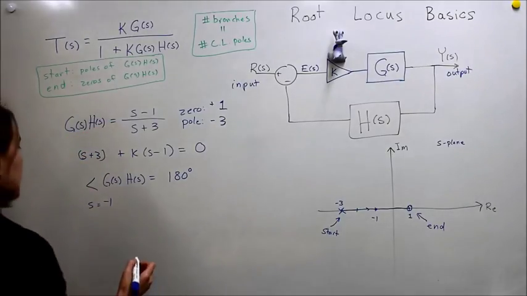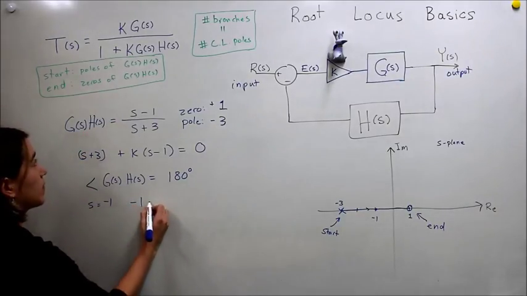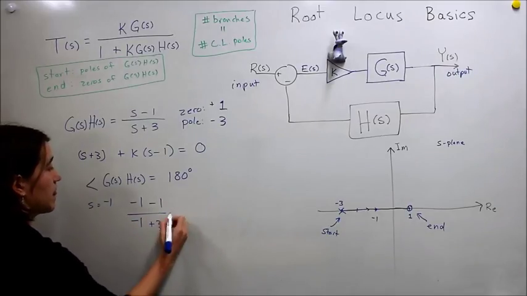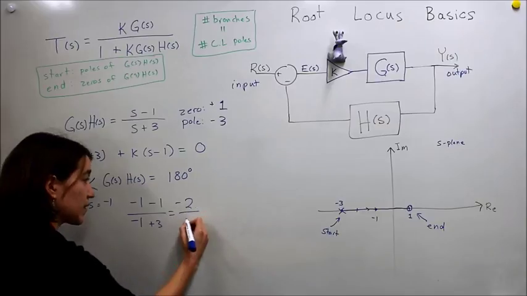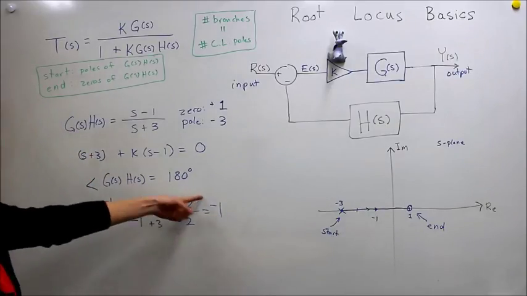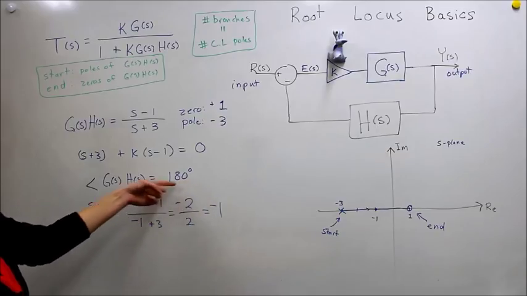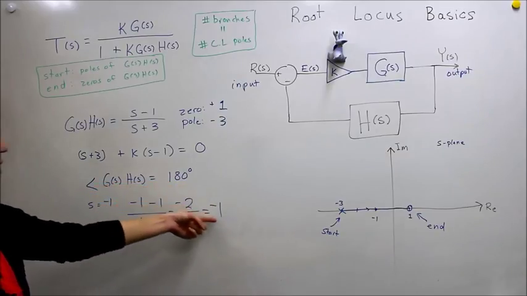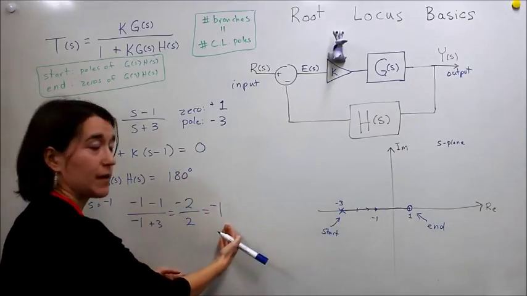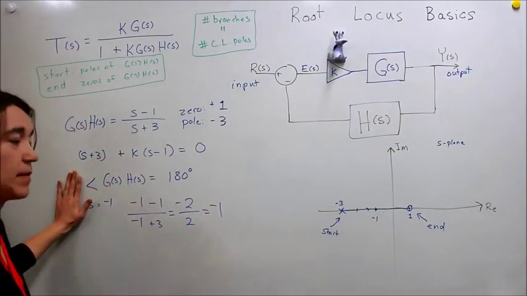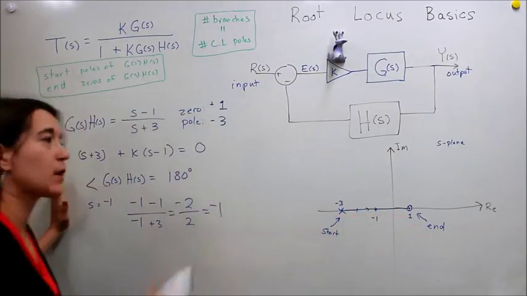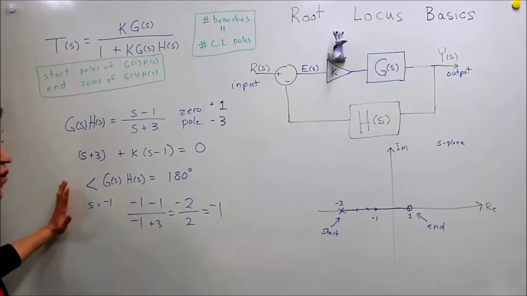We get negative 1 minus 1 over negative 1 plus 3, so negative 2 over positive 2, which is negative 1. That looks good. We need negative 1, and we see the angle is 180, so this satisfies the constraint. And if you test every single real point between those two values, they will also satisfy that constraint.